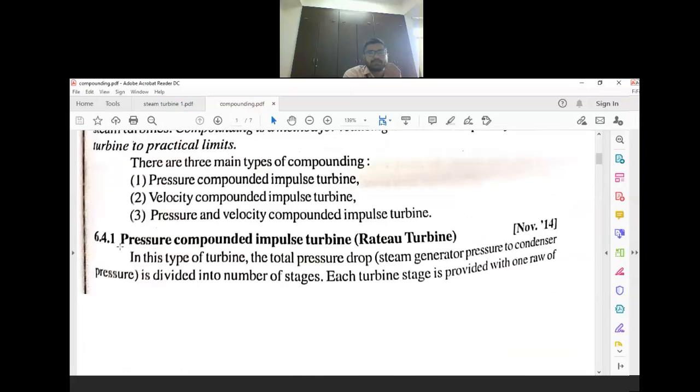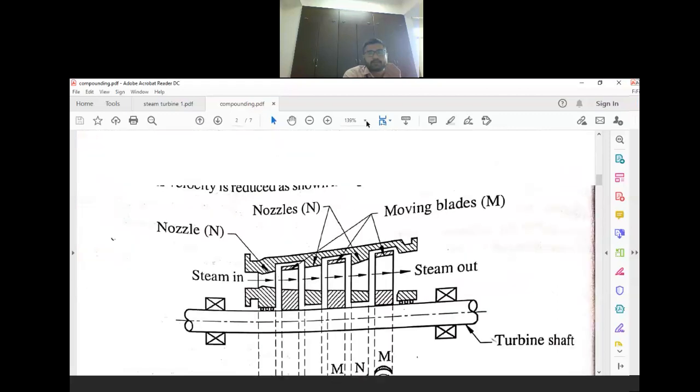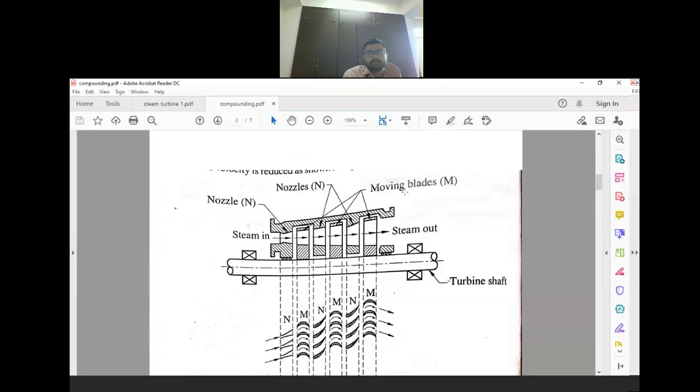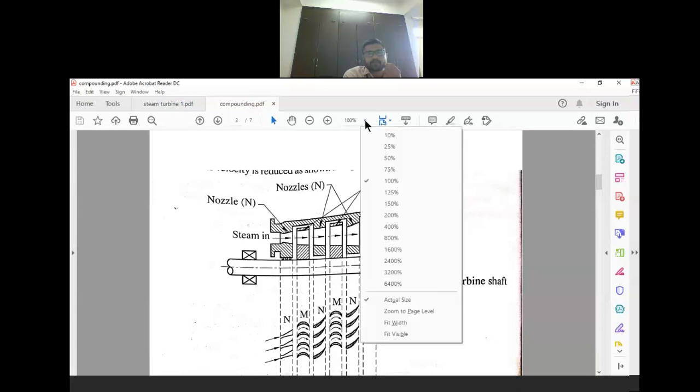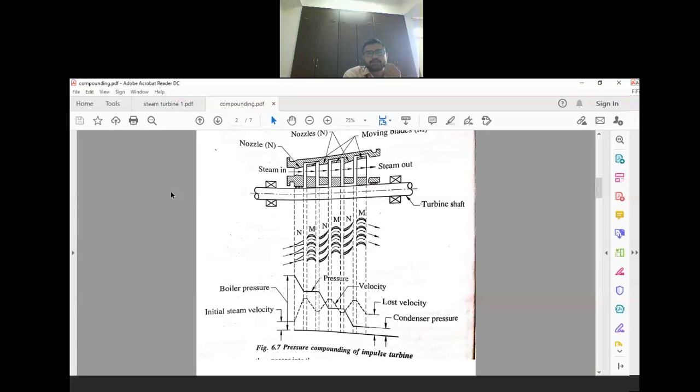Here in the book it is given as pressure compounding, so that's why we will start with it. Here you can see we are reducing the pressure step by step. That's why in simple language it is known as pressure compounding.